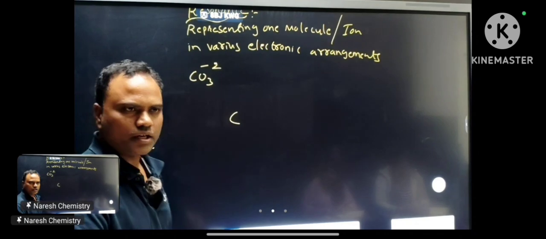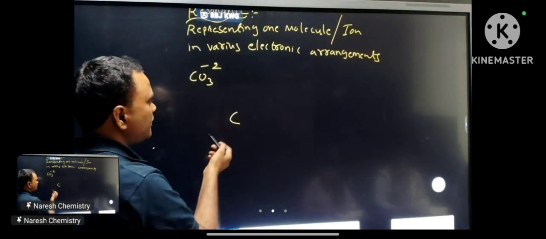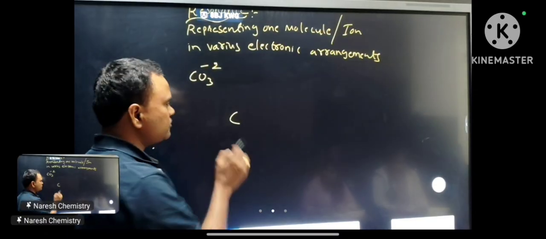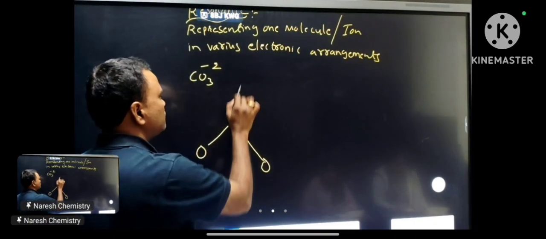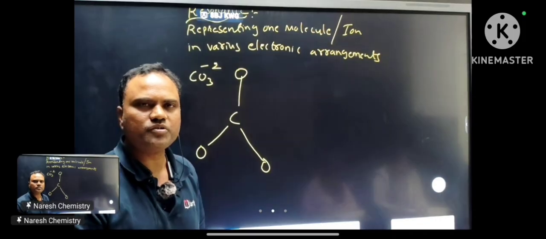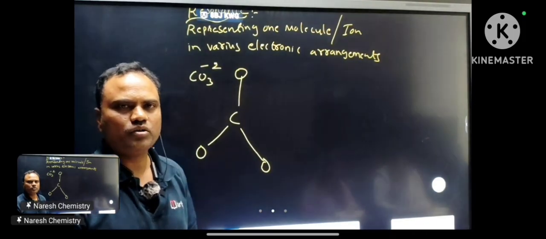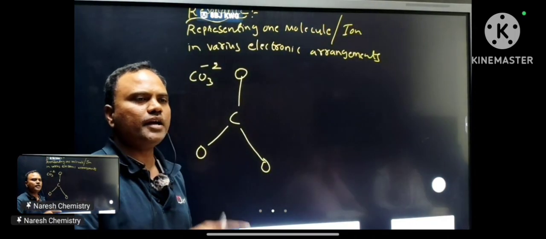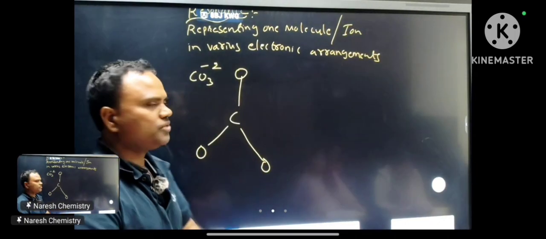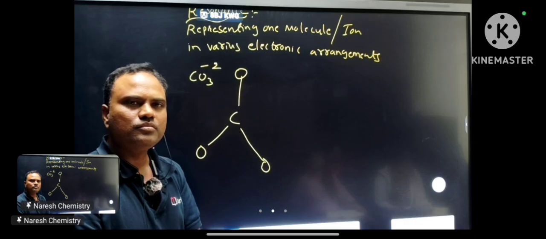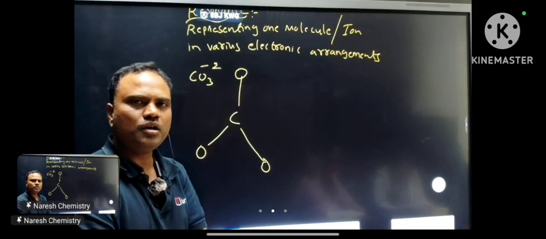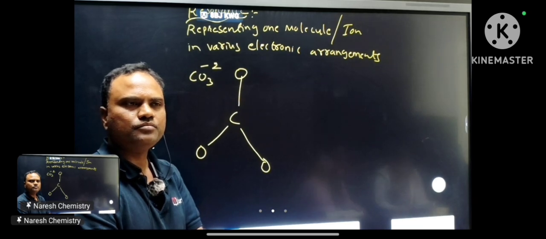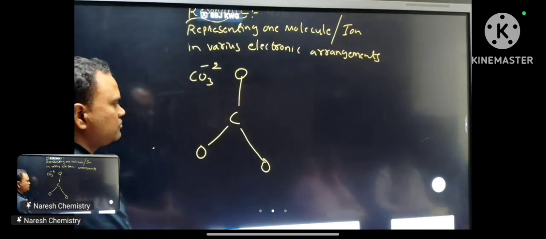First write the central atom. Remaining surrounding atoms are there. How many surrounding atoms? 3 surrounding atoms. Write the surrounding atoms with a single bond. If you don't know the structure, first write the central atom and write surrounding atoms with single bonds. Observe the charge. What is the charge, online students? Negative.